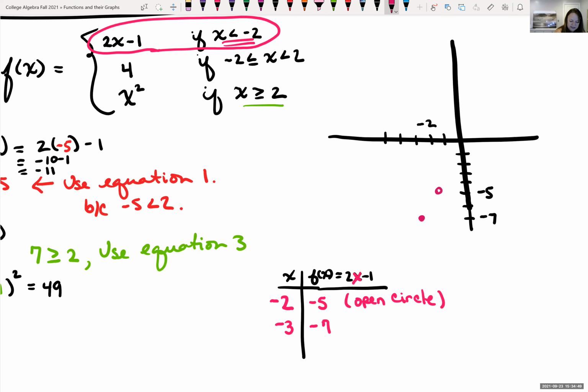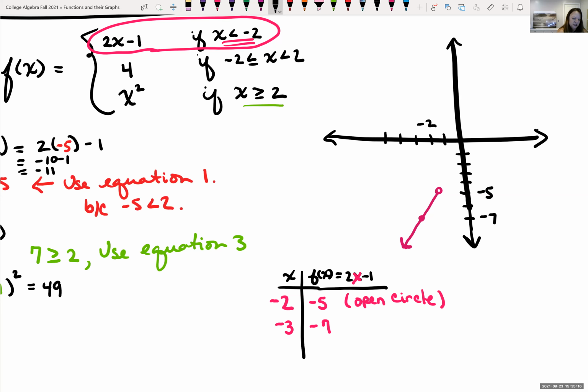Anything less than -2 is going to be on this line. So that's just equation 1. And notice again, I didn't extend this for values of x greater than -2 on this line. That's usually where students get mixed up. They extend the graphs farther than the domain of that equation.